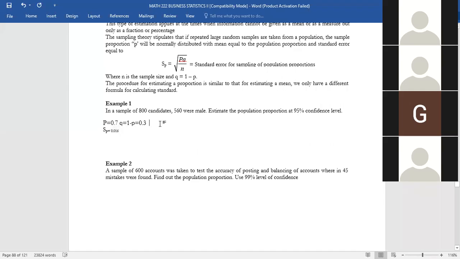So we've been given 0.016. So that is our standard error.